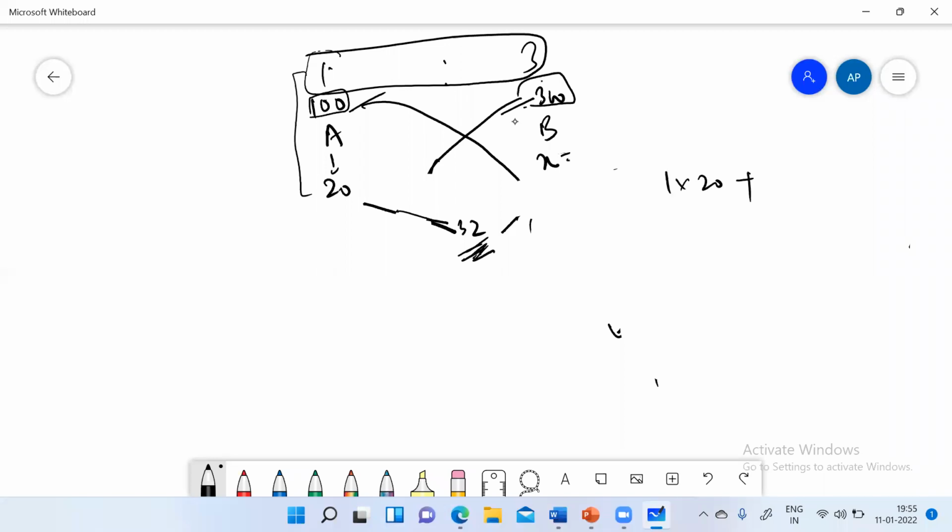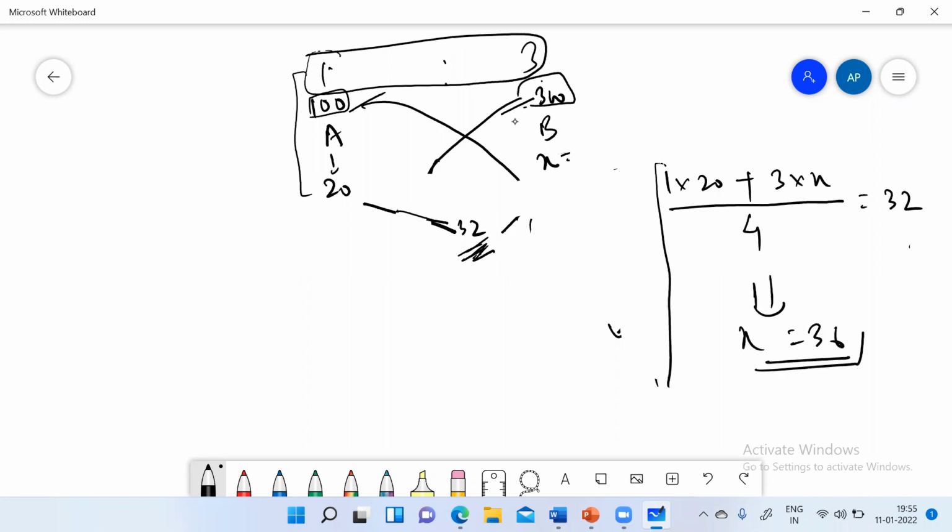Total value of B is 3 into x, divided by the total number of observations, which is 4, 1 and 3. It should be equal to 32. And I solved this to get x is equal to 36. ठीक है सुचिस्मिता? Okay. So you could have done this in this way also.